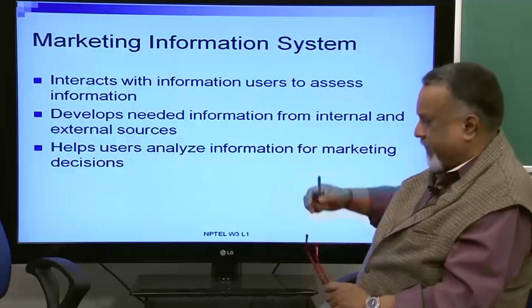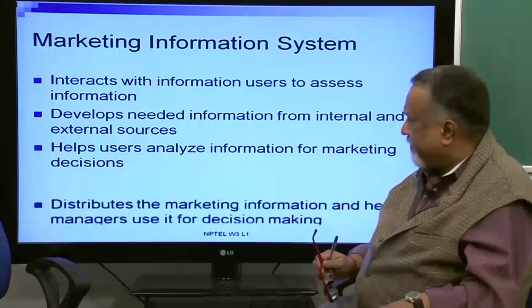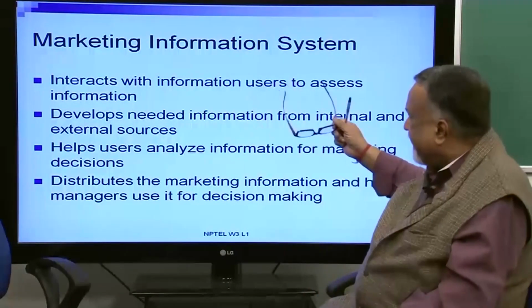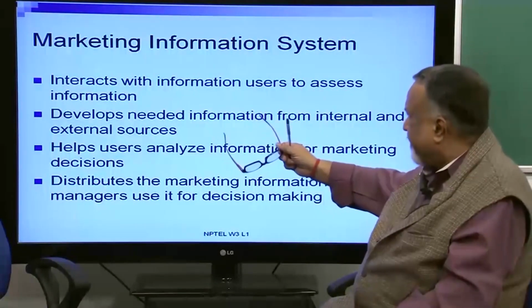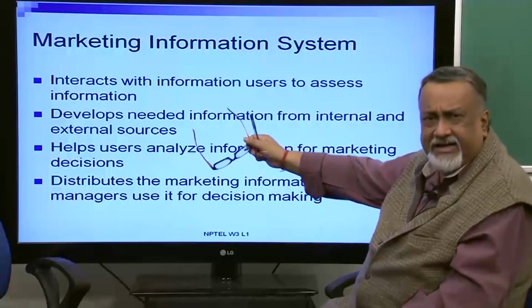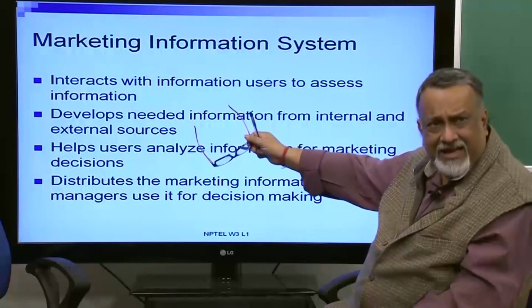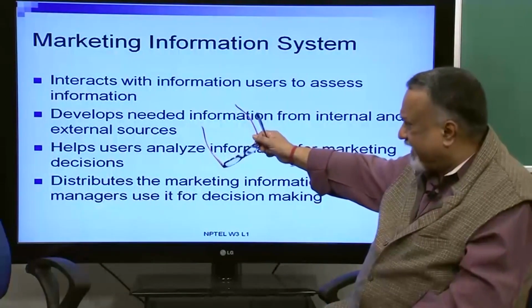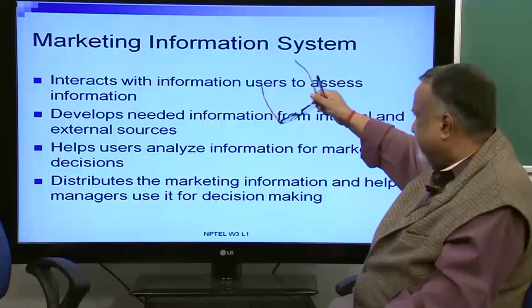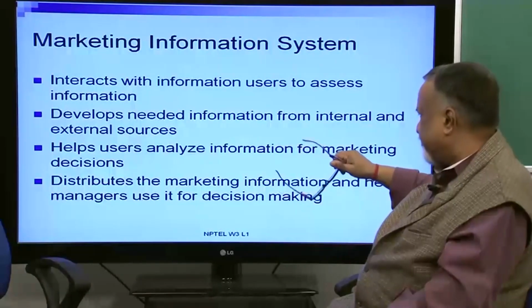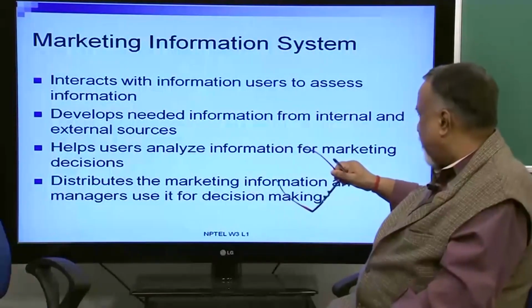So, this is in a way the marketing information system: it interacts with information users to assess the need, and then it develops the needed information from internal and external sources. By analyzing the data that has been collected, it helps the user analyze that information, that means data when it has been converted to information, put in some context.